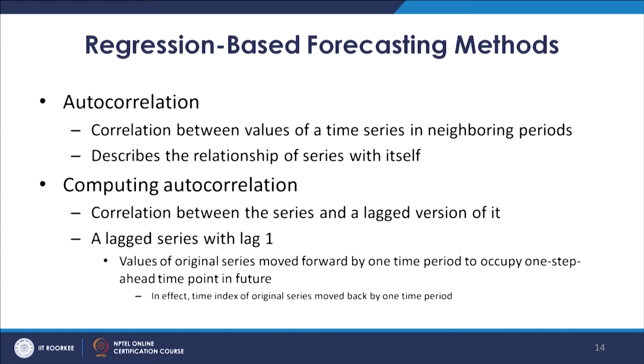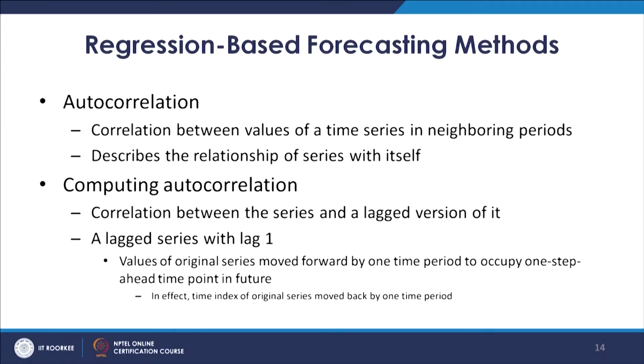Now, we came across this term autocorrelation, which is about the dependence of neighboring values in a time series context specifically. So, let us understand what autocorrelation is in a bit more detail. It is the correlation between values of a time series in neighboring periods. In time series data, the neighboring values tend to be correlated, and this correlation is referred to as autocorrelation.